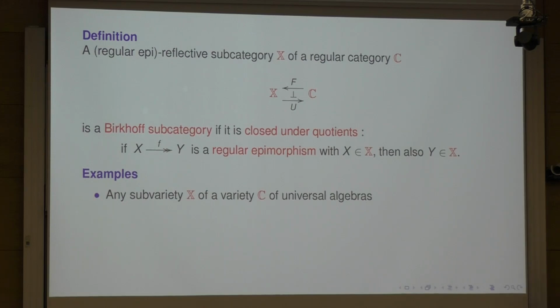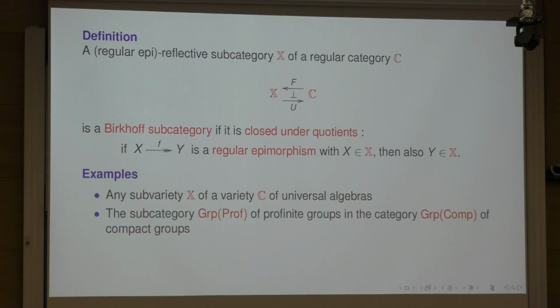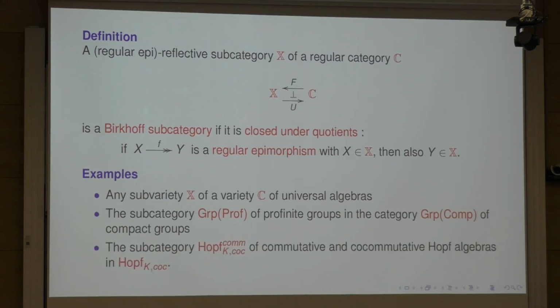Any subvariety X of a variety C of universal algebras is a Birkhoff subcategory by the HSP theorem. And the subcategory of profinite groups inside the category of compact Hausdorff groups is another example. And as I mentioned before, commutative and co-commutative Hopf algebras inside co-commutative Hopf algebras is a Birkhoff subcategory as well.